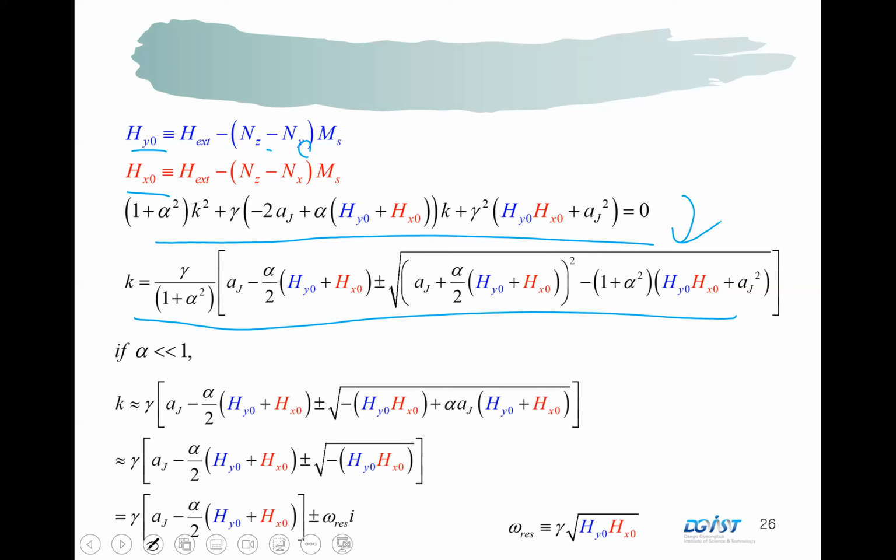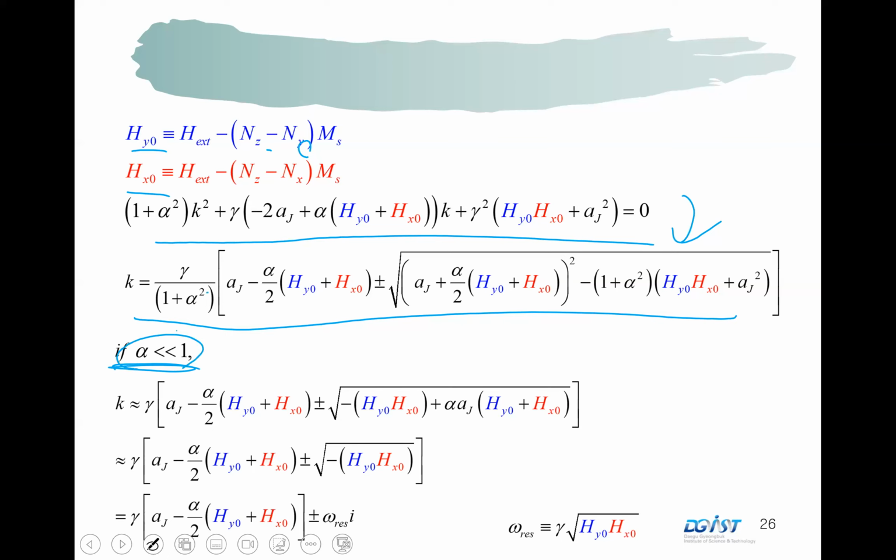We know alpha, which is the damping constant of the ferromagnetic system. Usually the alpha value is very small, on the order of 0.01. In some special cases alpha is not small, but generally alpha is very small. So let's assume alpha is small.